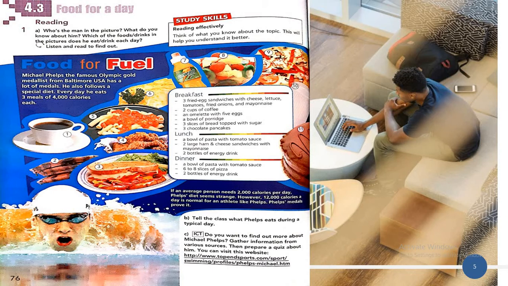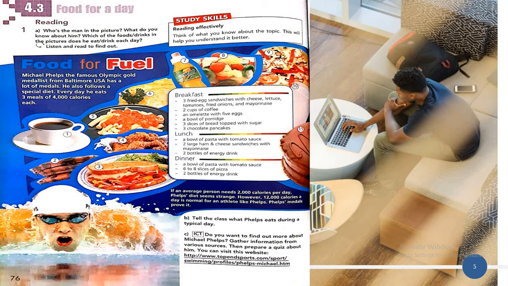Michael Phelps, the famous Olympic gold medalist from Baltimore, USA, has a lot of medals. He also follows a special diet. Every day he eats 3 meals of 4,000 calories each.